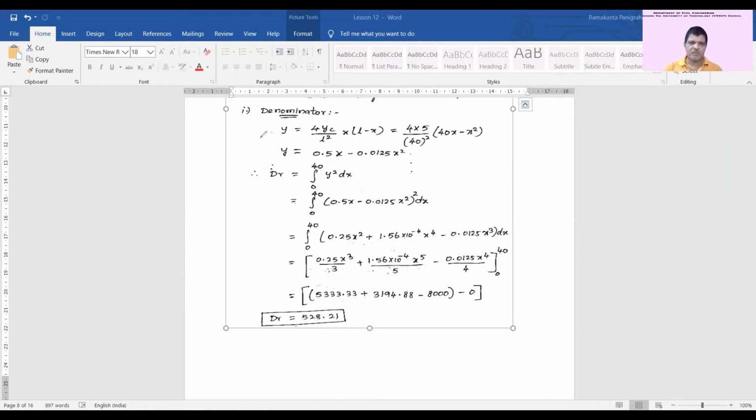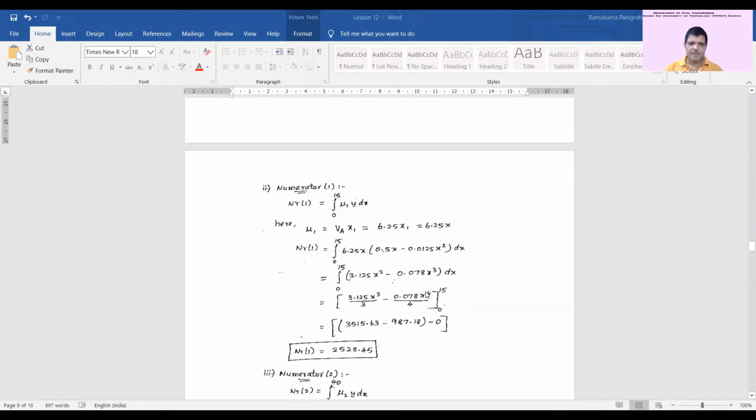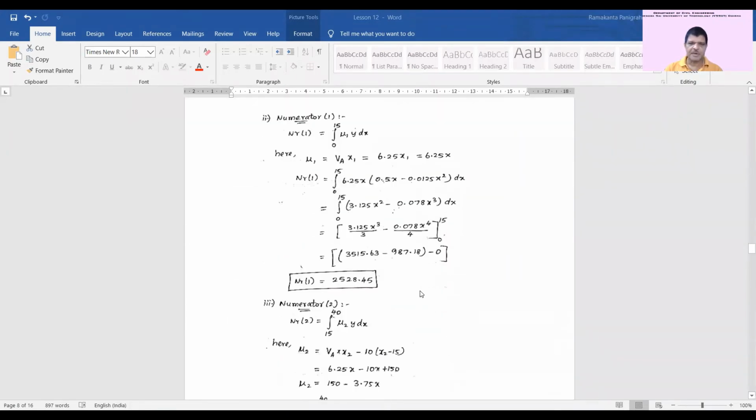Now let us move to the next. We will calculate the moments, as I have already discussed how to calculate the moments. You see the load is here. For the first section, 0 to 15, what is the moment?